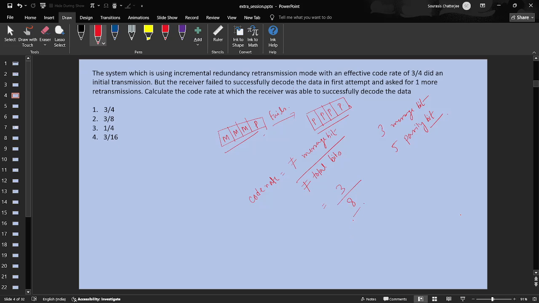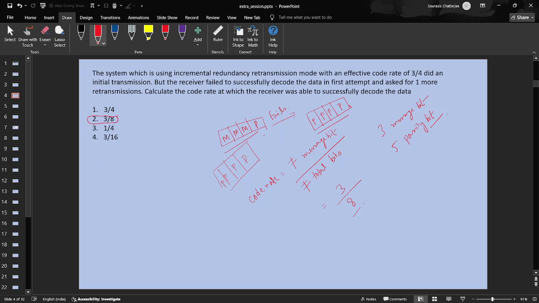Now in case the second retransmission also fails and the receiver asks for another one, then we'll send again 4 parity bits. In that scenario we will have 3 message bits and 4 plus 4 plus 1, 9 parity bits. It will be 3/12 or 1/4, but since it's asked for only one retransmission, the code rate is 3/8.